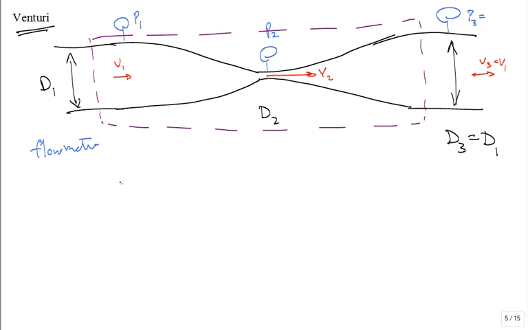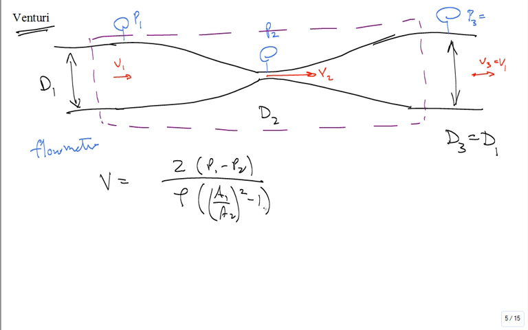And we just worked out that equation, did we not? What was that equation for the volumetric flow rate? Well, we had the equation for the velocity, the square root of 2 times P1 minus P2, divided by rho, times area 1 over area 2 squared minus 1. And then if you wanted the volumetric flow rate, you just multiply by A1 V1.